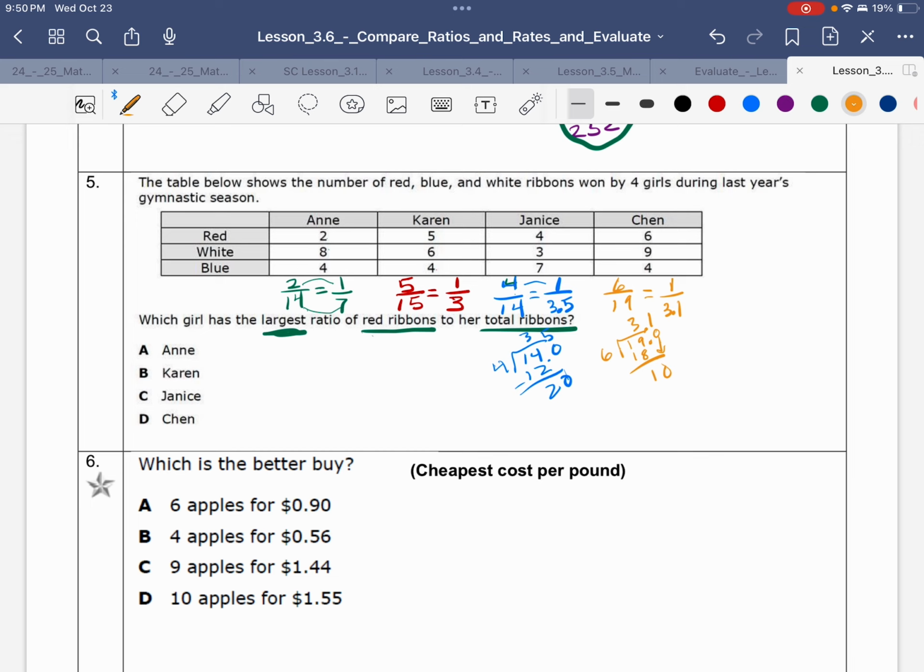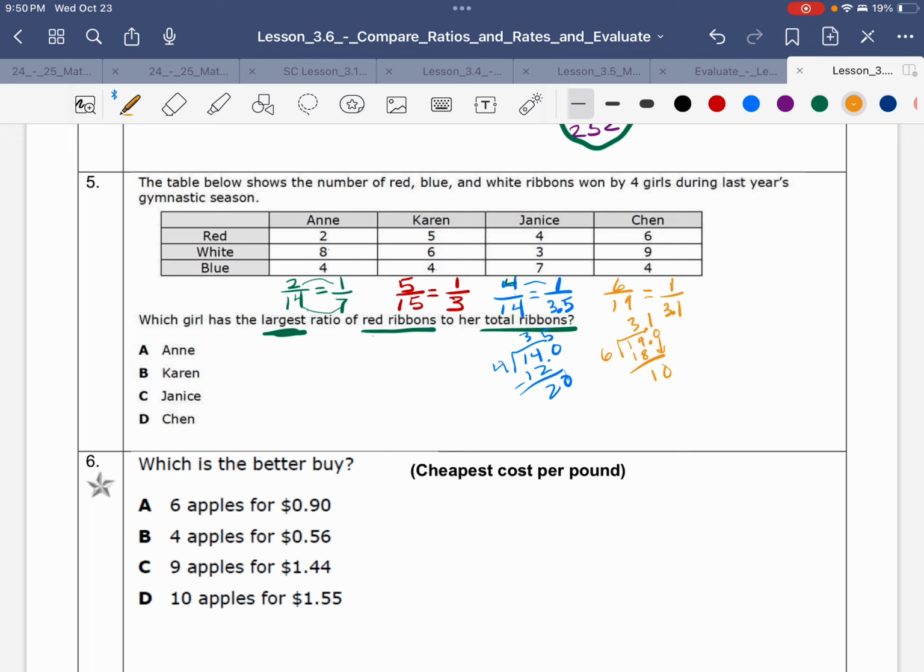So our largest ratio here, I would say, is 1 to 7. So for every... it's kind of tricky, because essentially it would be technically Karen. Our largest ratio is 1 to 3. And the reason being is for every 1 red ribbon, she has 3 total ribbons.